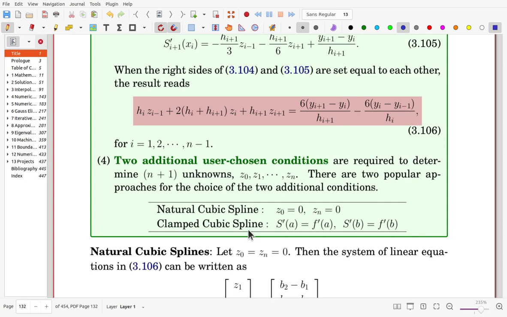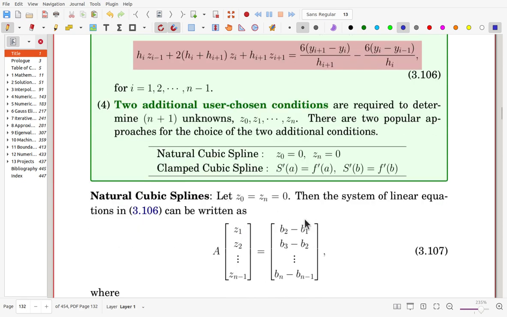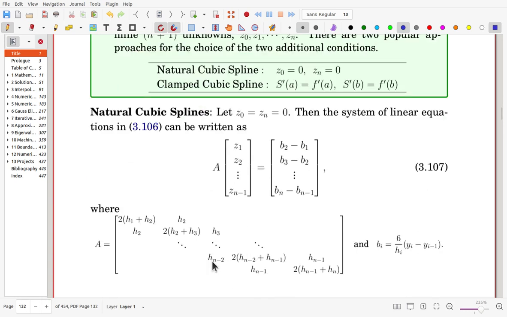For natural cubic spline, here quite easily you can make the algebraic system out of this one, because Z0, Zn equals 0, and you can have this linear system.